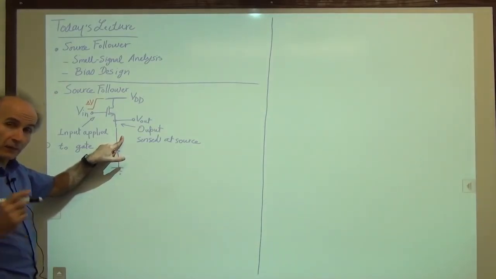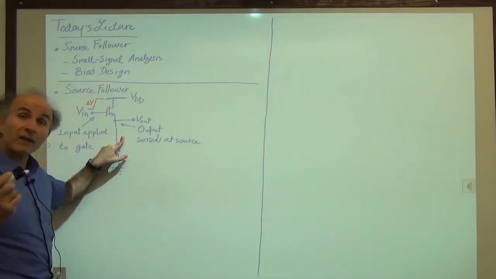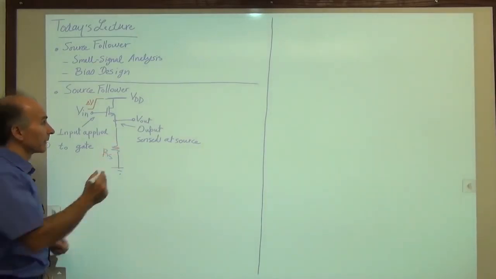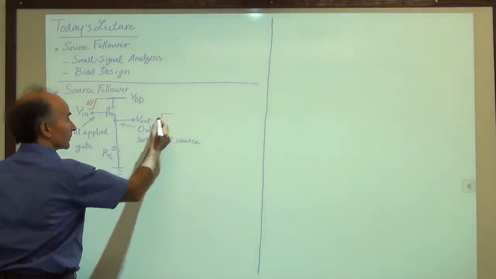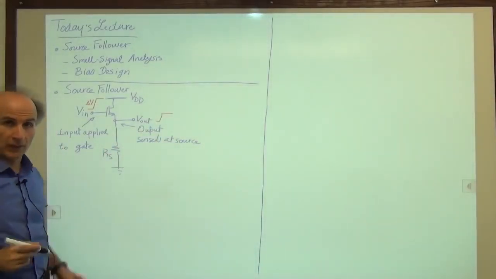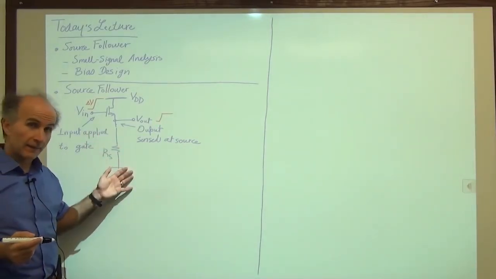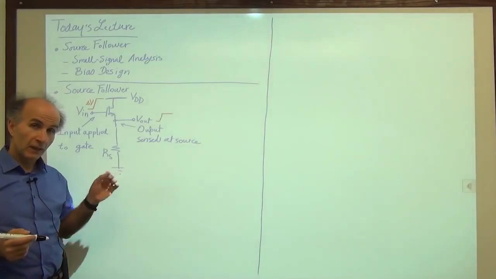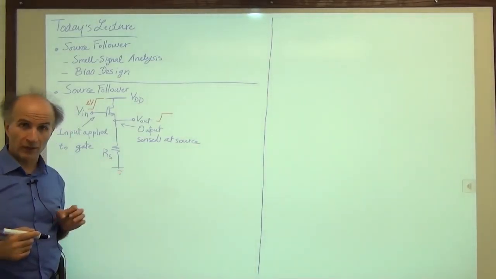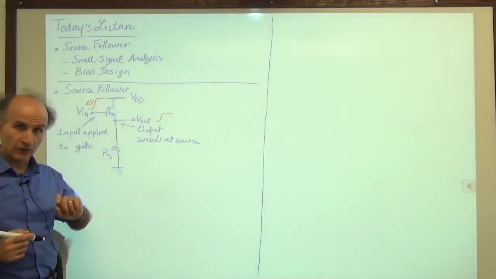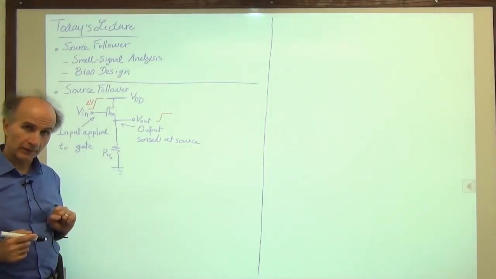That means that V out must also go up by some amount, which we don't know yet. So V out has to go up. So that's the only conclusion we can draw. And you can see that this analysis is similar to what we did for the common source stage with degeneration, when we were looking at the source voltage and see how it goes up and down.